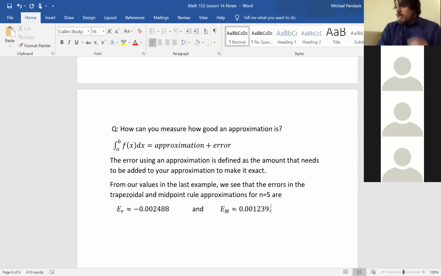So from our values in the last example, what does that mean?